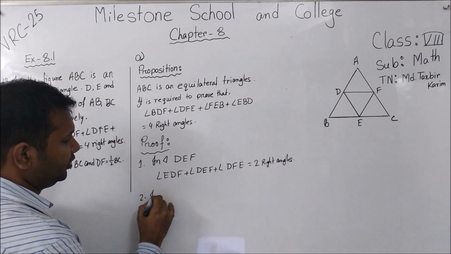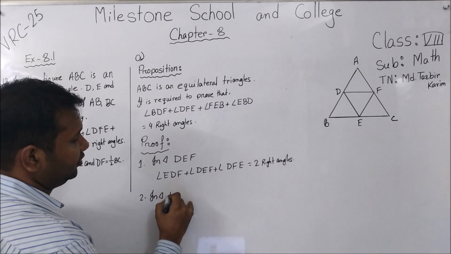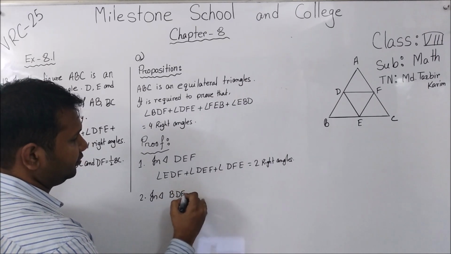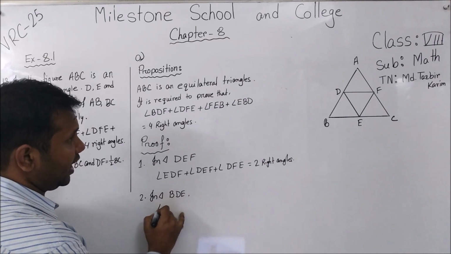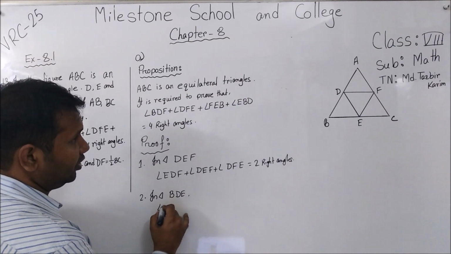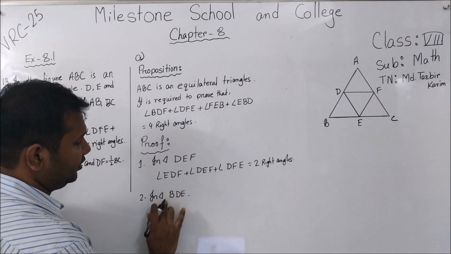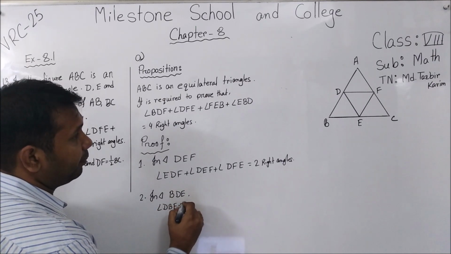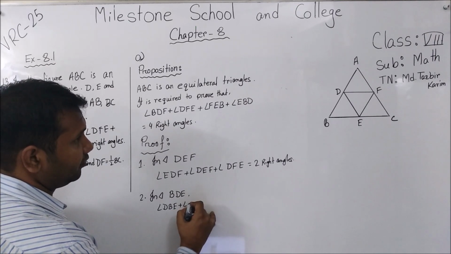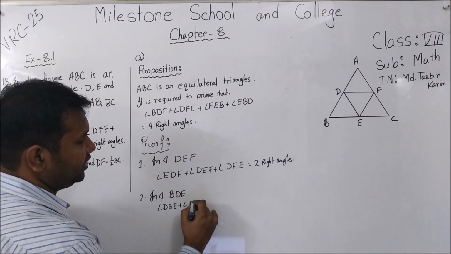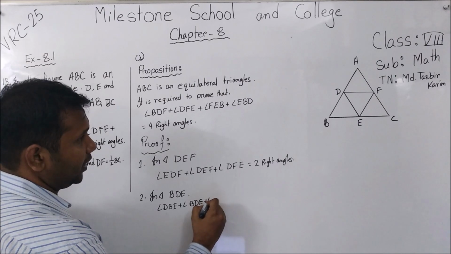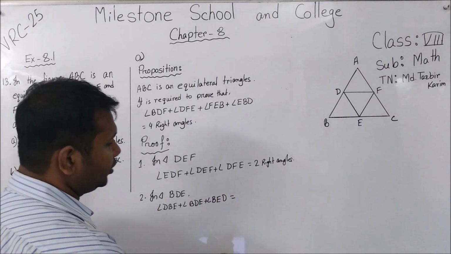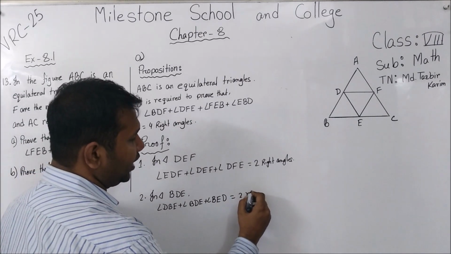Again, in triangle BDE, we can tell angle EBD plus angle BDE plus angle BED equals two right angles.